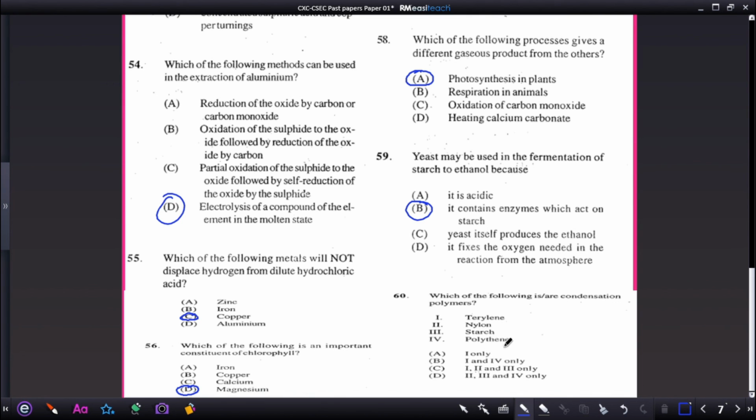Starch is the condensation of glucose, and polythene is the addition polymerization of ethene. So this one is the only one that is not a condensation reaction. So the answer is 1, 2, and 3, which is C.